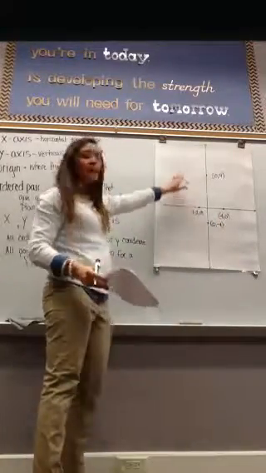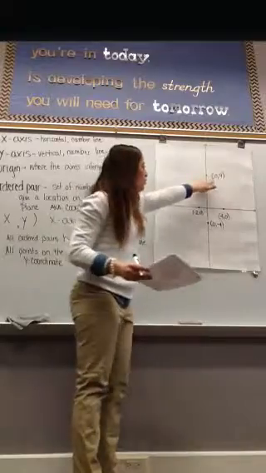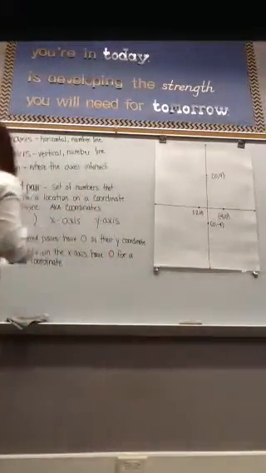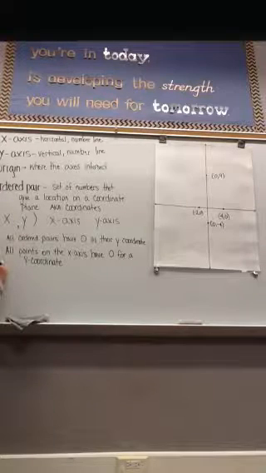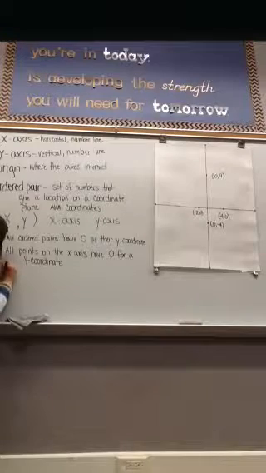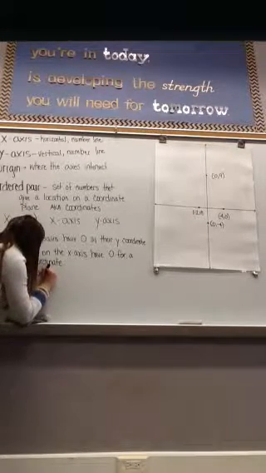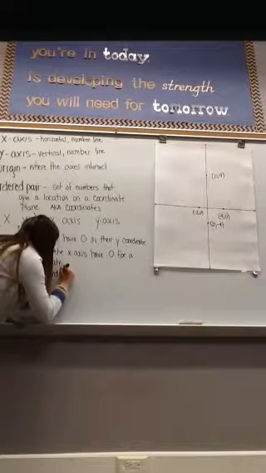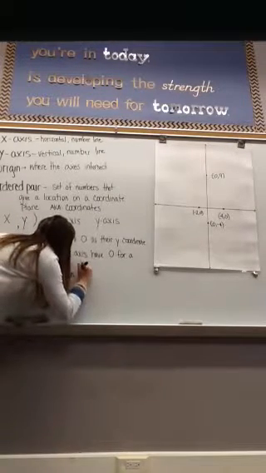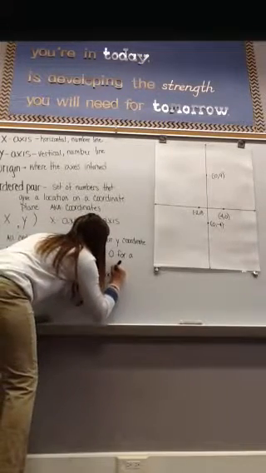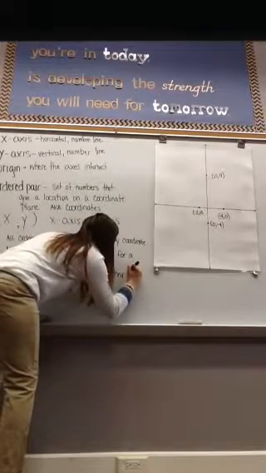So now, in comparing the ordered pairs from all of your points on the y-axis, what do they have in common? Hopefully you notice that all of the ordered pairs have 0 for their x-coordinate.